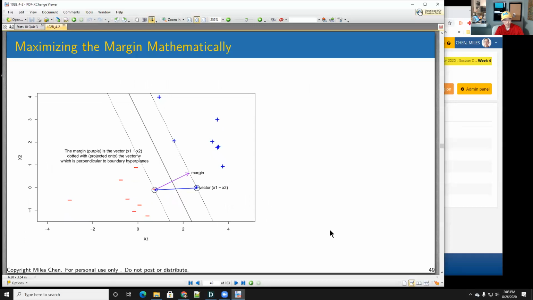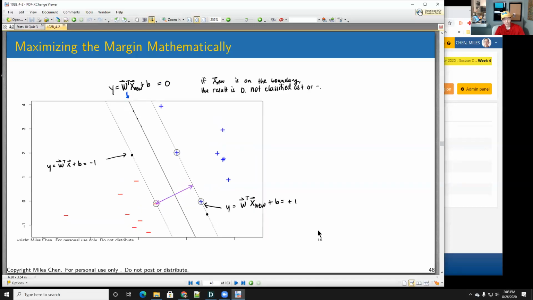Is that okay? Does that make sense? Maybe I should illustrate this. This is not the hyperplane, but I'll draw a picture here.